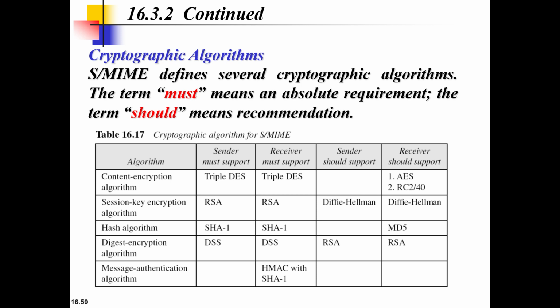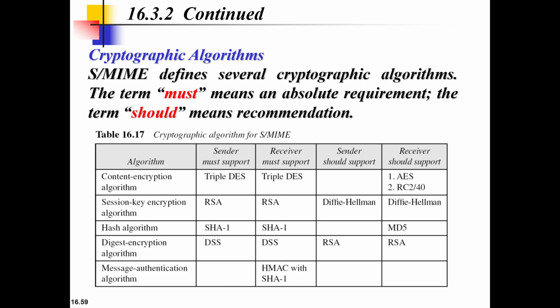Receiver must support SHA-1. Then sender should support RSA and receiver should support RSA. Next is message authentication algorithm. For this, HMAC with SHA-1 is required.